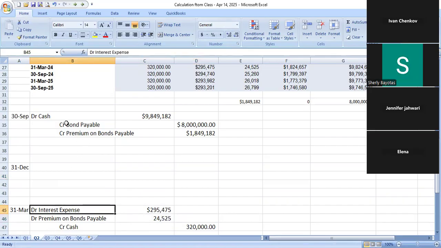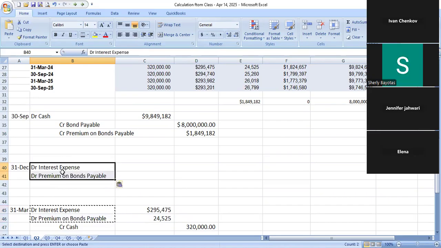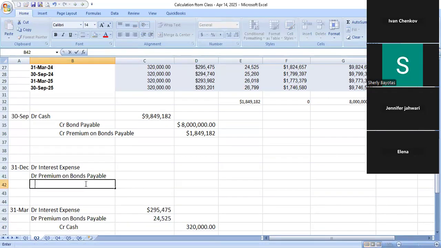But from here up to here, we have a middleman, which is right in the middle. So what do we have to do? We have to split those interest expenses. So I have to repeat those two. And since I'm not paying cash in December, there's no cash payment. I have to show my liability, correct? Interest payable.